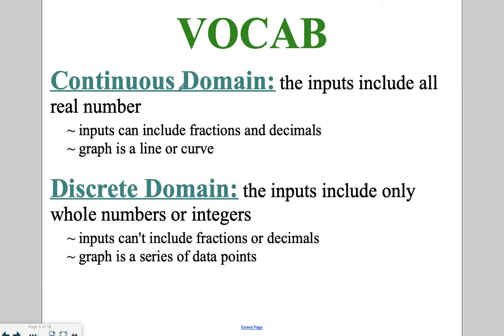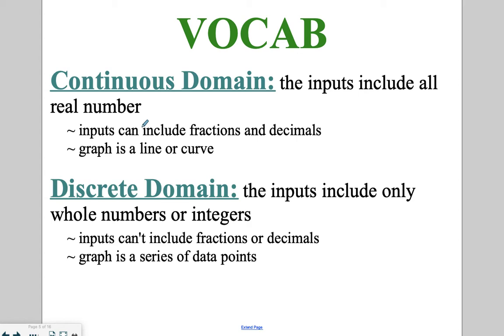There are two different types of domains. So there are two different types of inputs. The first is called a continuous domain. That's where the inputs are all the real numbers. So fractions, decimals, positive, negatives, square roots, all of that kind of stuff are included in continuous domains. If you have a continuous domain, the graph is going to be connected.